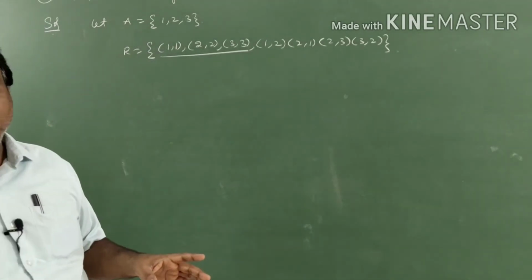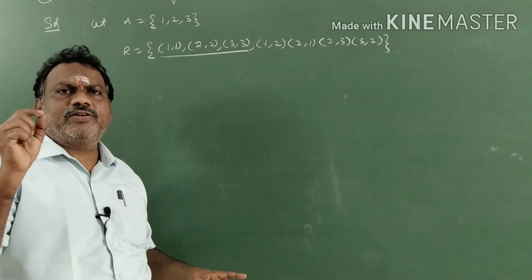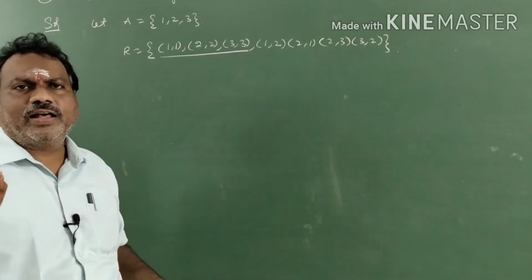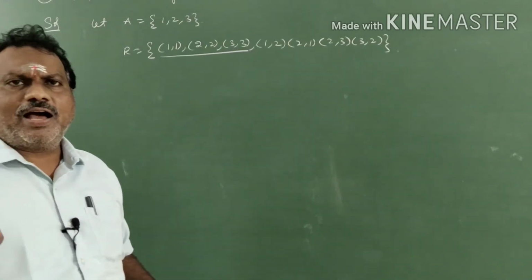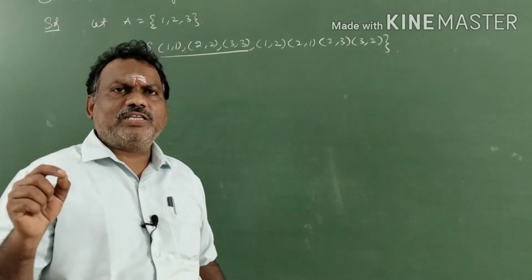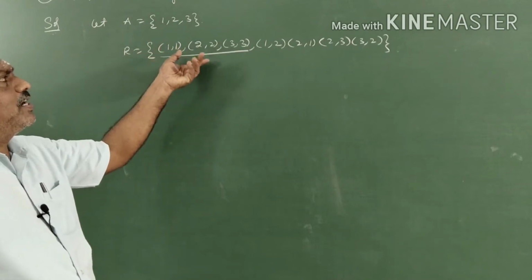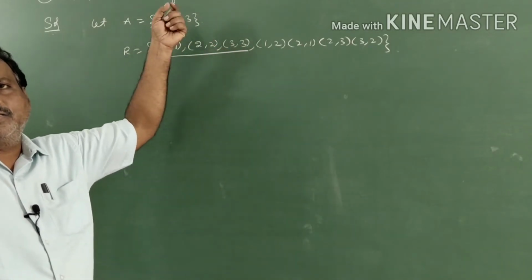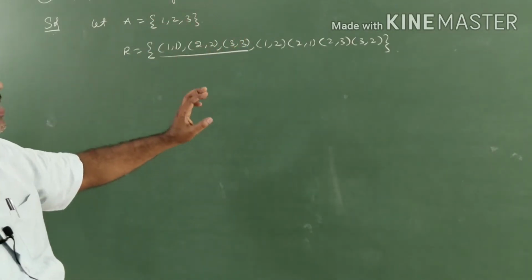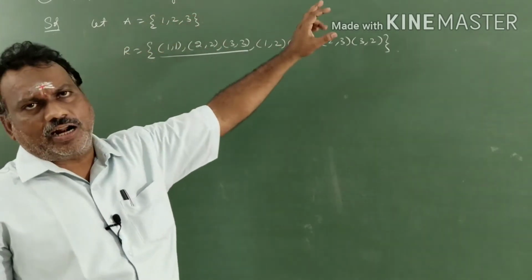We need only that each element of A is related to itself, then it is called reflexive. Otherwise, (a,a) belongs to R for every small a belongs to capital A. Each and every element of A participates in the relation, so R is reflexive.